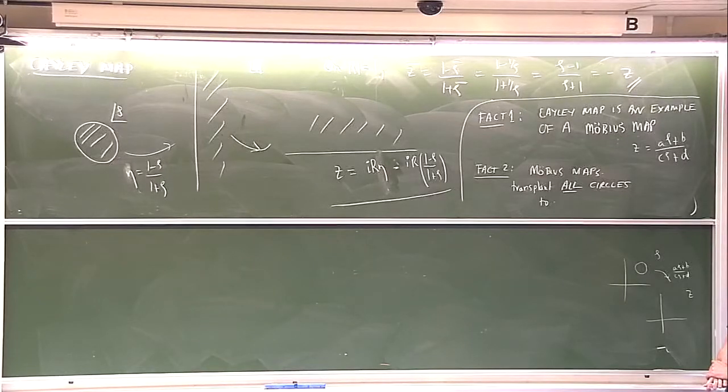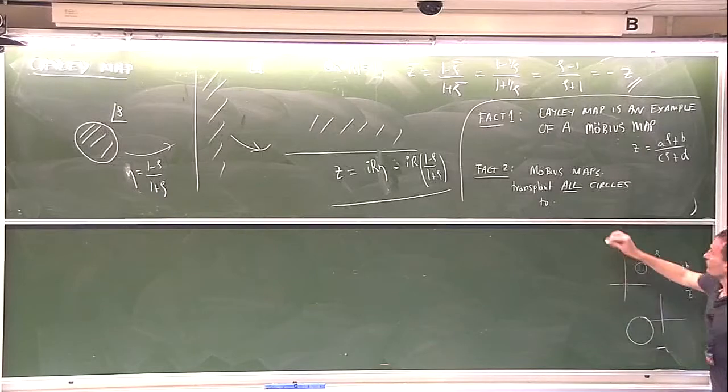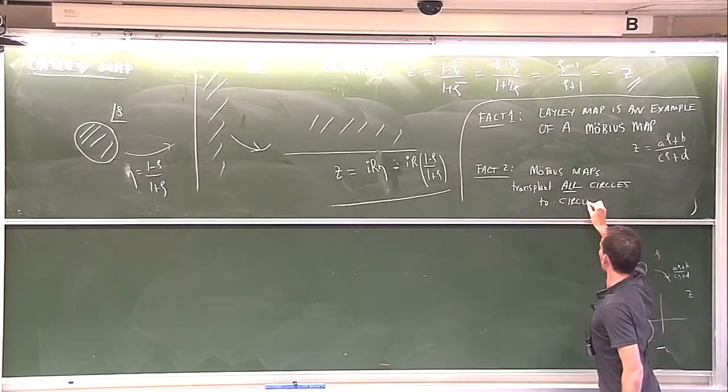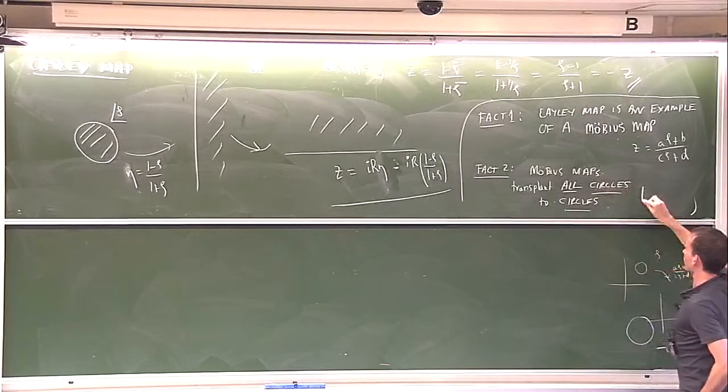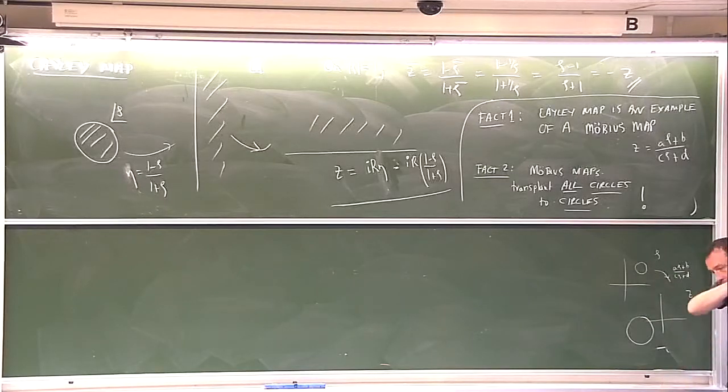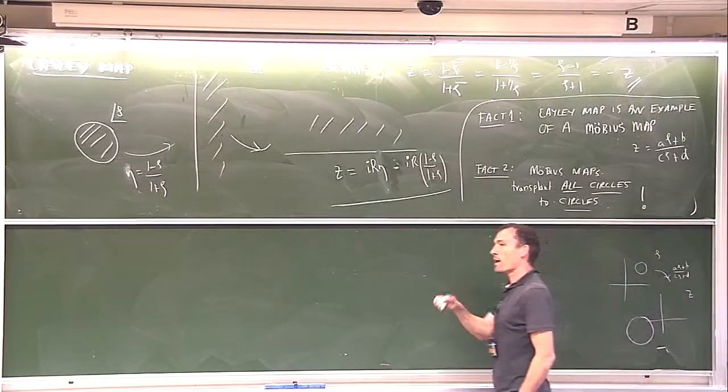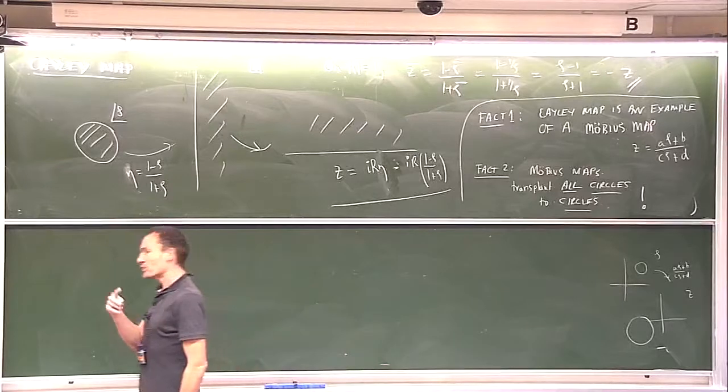What's the answer? Fact 2: every single circle gets mapped by a Mobius map to another circle.